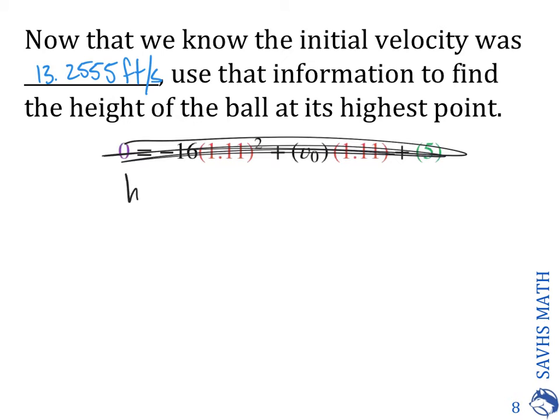This should say h of t is equal to negative 16 t squared plus v naught times t plus h naught. I know all of these things now. I know the initial velocity, and I know the initial height. So I'm going to rewrite.